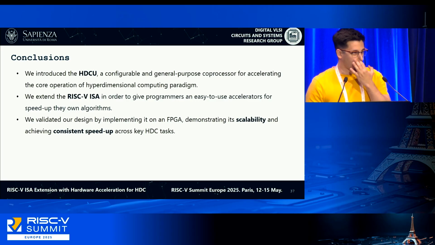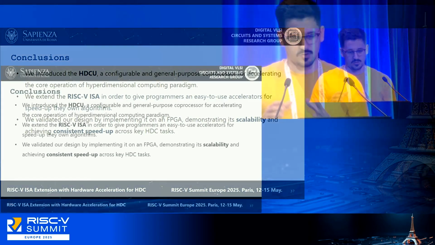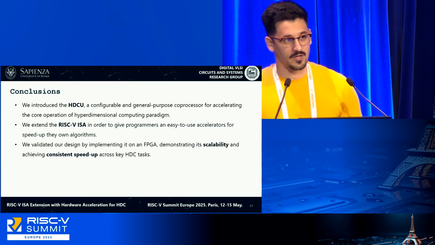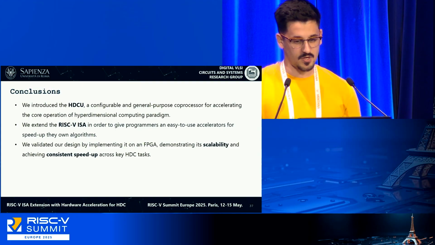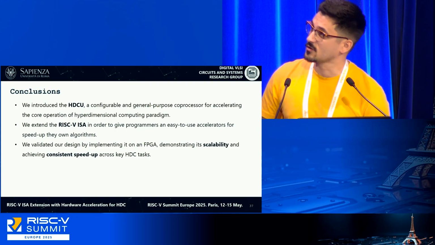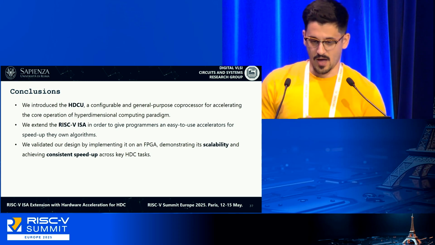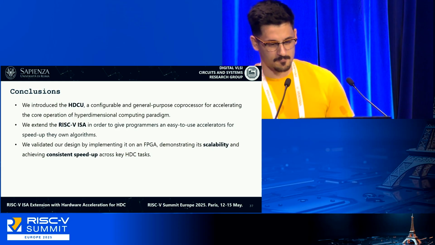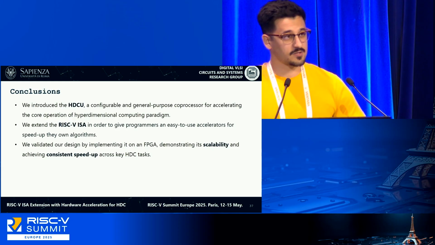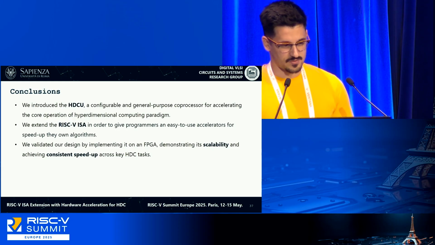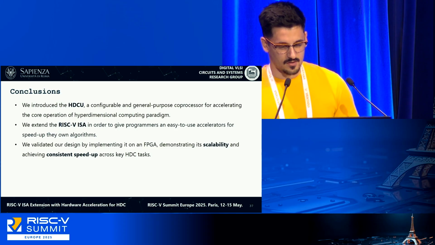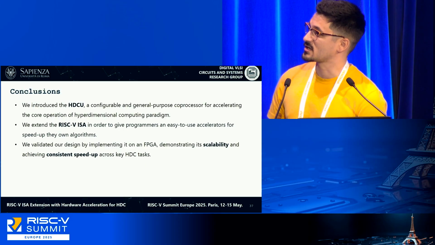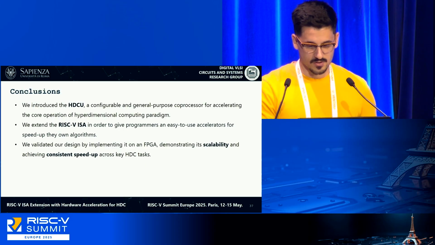To wrap up, in this work we introduce the HDCU, which is a configurable and general-purpose coprocessor designed to accelerate the arithmetic operations that stand at the core of the hyperdimensional computing paradigm. We built this architecture as an extension of the RISC-V instruction set, enabling a clean and accessible interface for developers through custom instructions and compiler support.